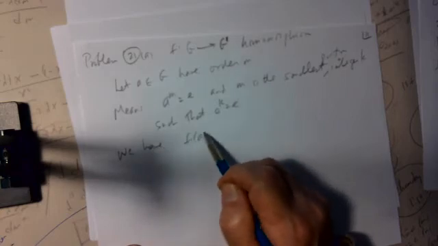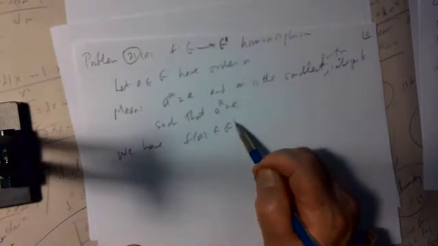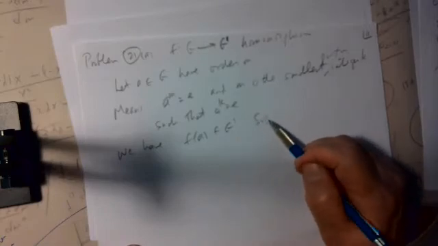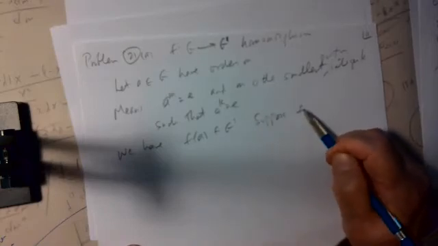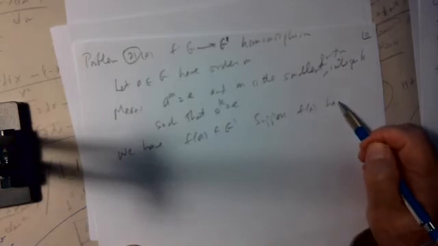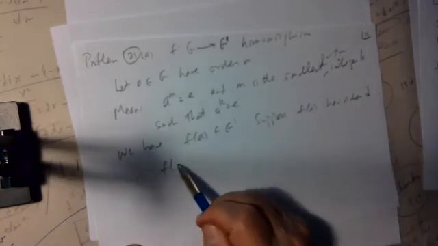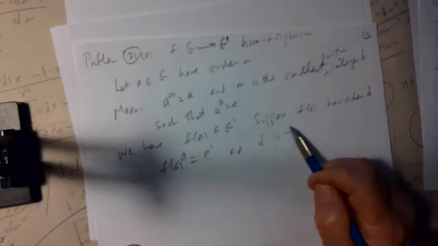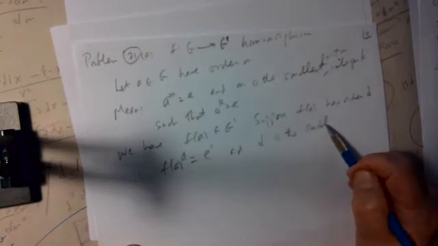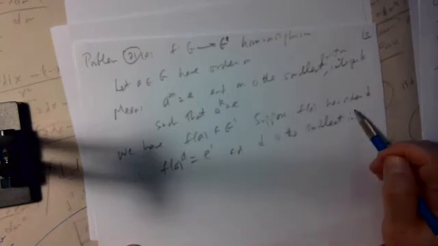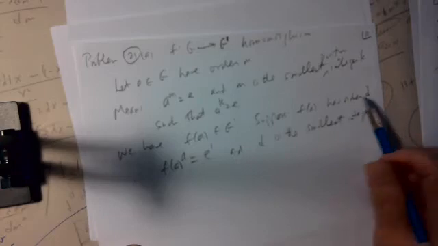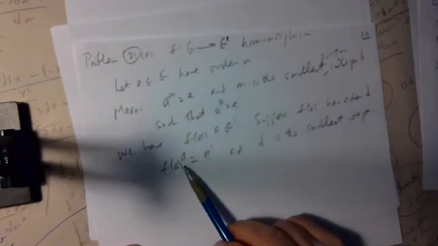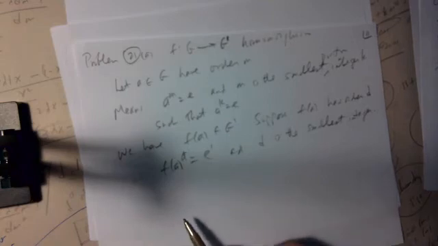We have f of A, an element of G prime, and suppose f of A has order d. That means f of A to the d is the identity, and d is the smallest positive integer such that f of A to that power is the identity.